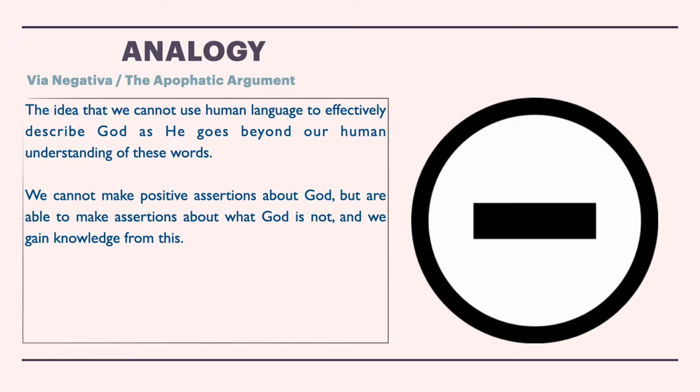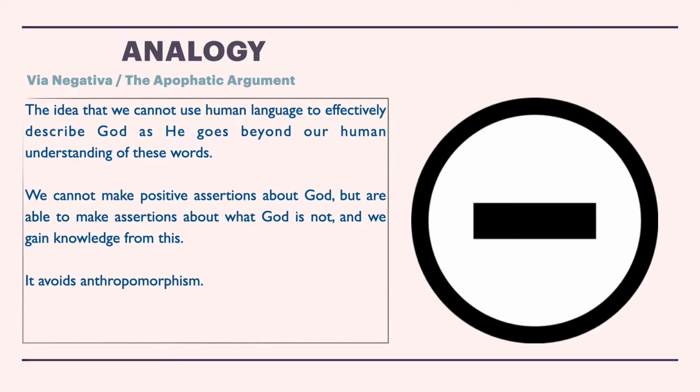So we cannot make positive assertions about God, but we are able to make assertions about what God is not. And that's because it's within our realm to talk about what he isn't and gain knowledge from that, rather than trying to discuss what he is when we can't have a clear grasp or concept of a transcendent being like God.